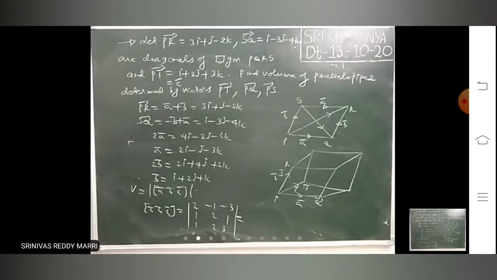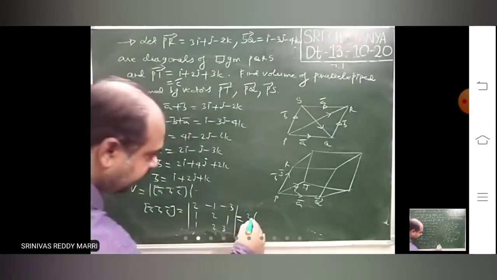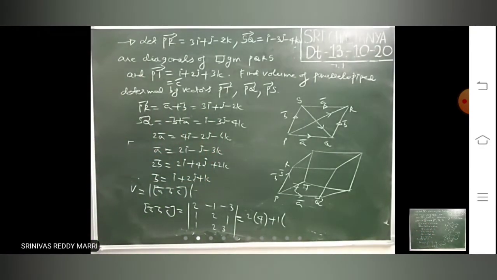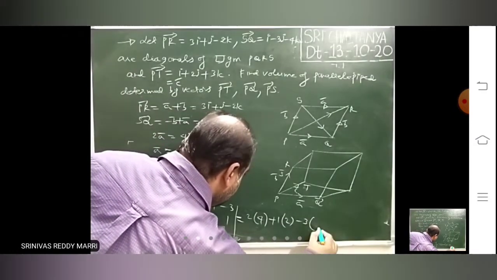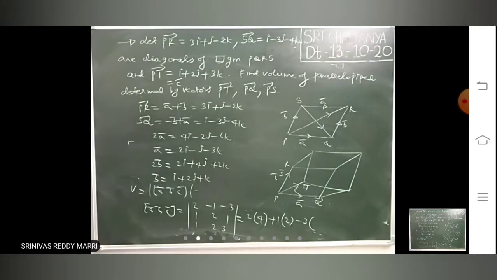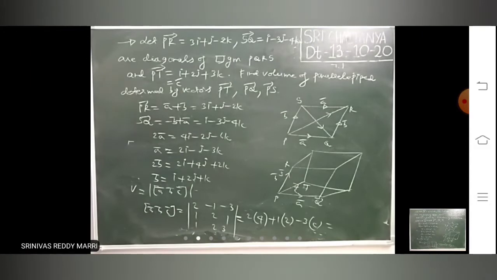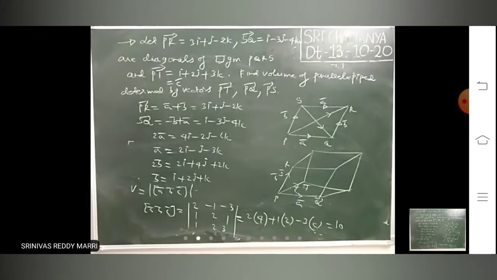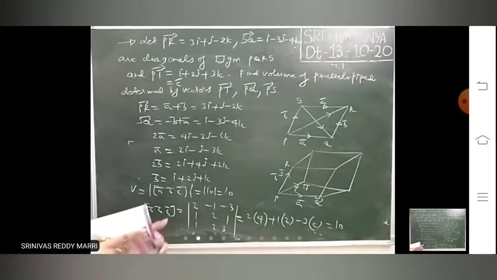So you can calculate: 2 into (6 minus 2), 4, plus 1 into (3 minus 1), 2, minus 3 into (2 minus 2), 0. So 8 plus 2, 10. Therefore the volume is nothing but modulus 10. That means 10.